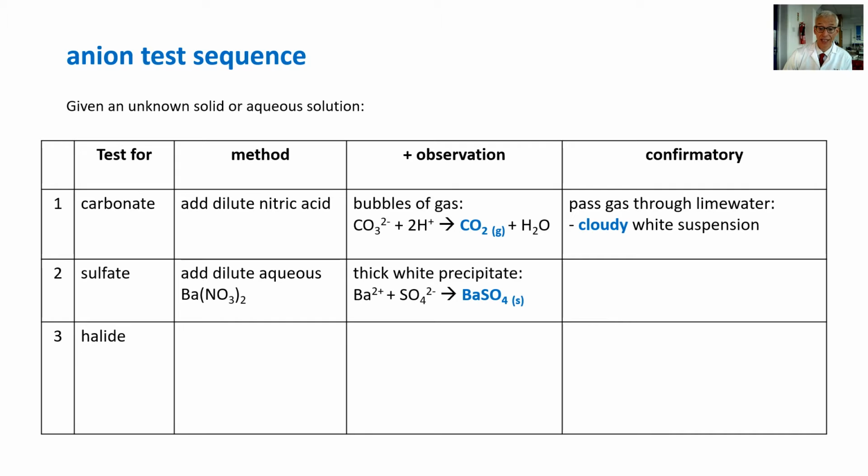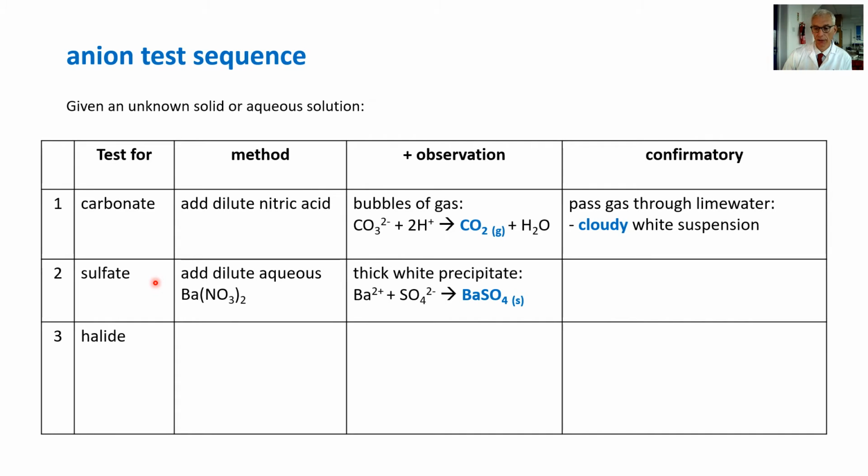Okay, so again, we want to keep it to an ionic form, so we don't need to worry about the nitrate because it's spectating. So barium 2+ and the sulfate ion make barium sulfate. If the unknown contains the sulfate ion, then if you add barium, you will make a thick white precipitate of barium sulfate. There is no confirmatory test for that.